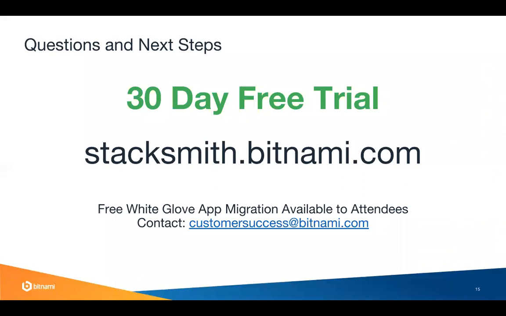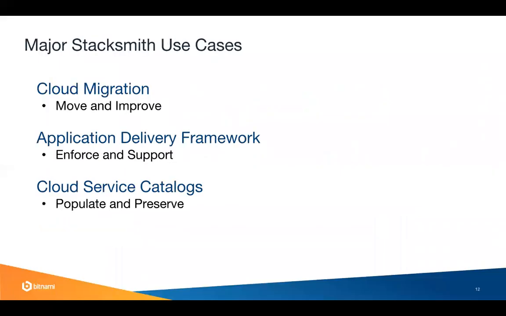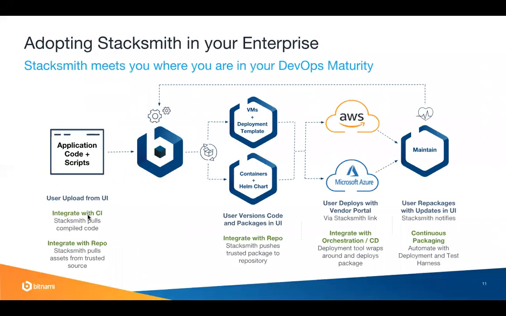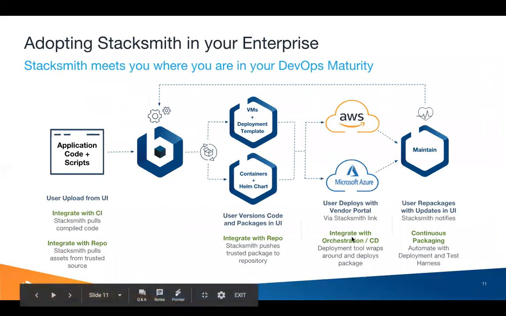If I was interested in integrating this with an orchestration tool or orchestration tools, how would I do it? You showed here a graphical user interface, a GUI version of Stacksmith. Is this the only option available? Great question. So we talked a little bit about that in this slide here, where we talked about integrating with CI tools and repositories and orchestration and continuous deployment tools.